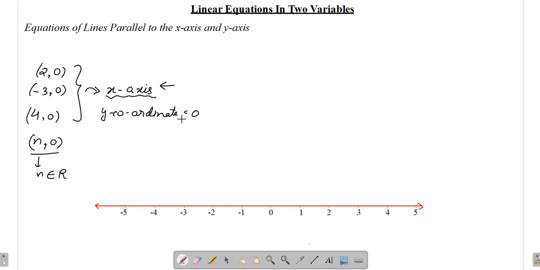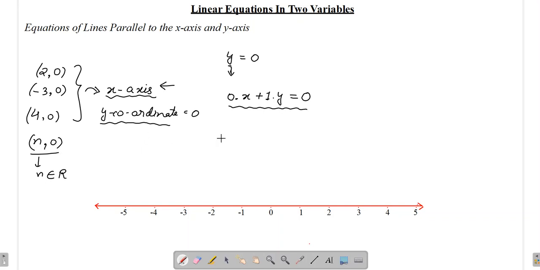The equation of the x-axis is y = 0. Why? Because we have just now observed that all the points on the x-axis have y as 0. If you wish to write this as a linear equation in two variables, it can also be written as 0 times x plus 1 times y equals 0. This is how it can be expressed in the form of two variables.